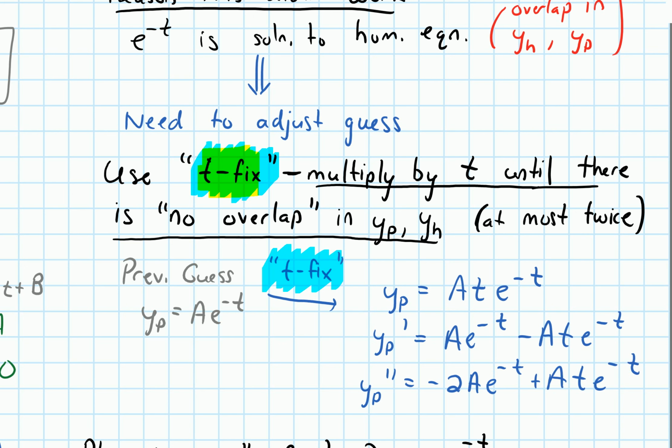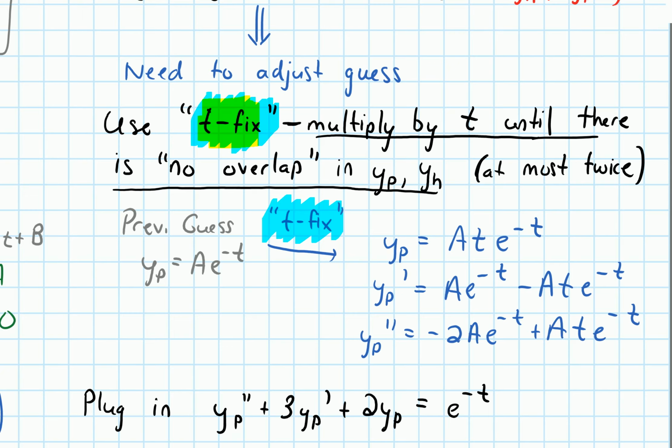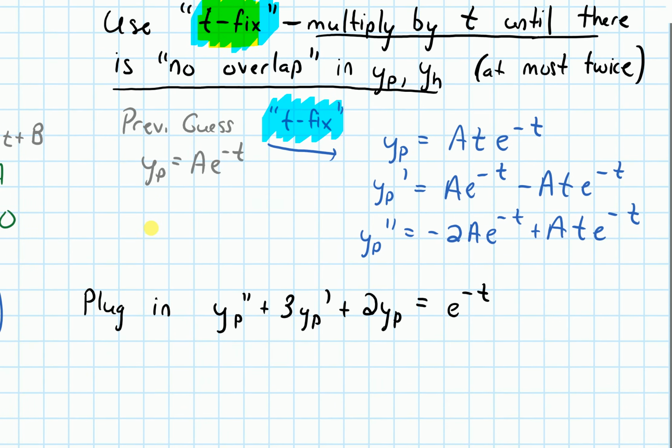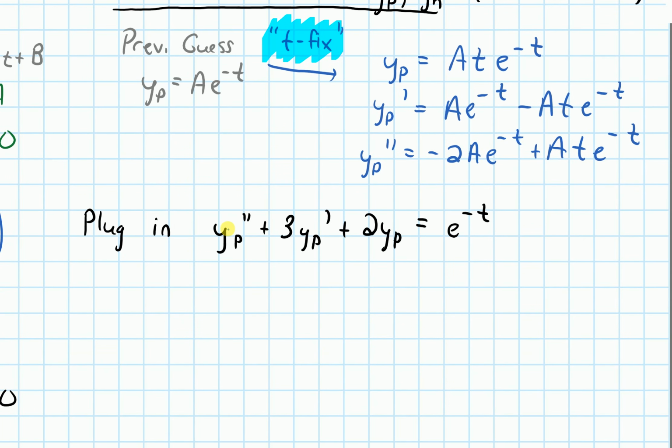All right. So now let's take those values and plug them into our differential equation, the non-homogeneous one. So let's first write down what the second derivative is. The second derivative is negative 2a e to the negative t plus at e to the negative t.